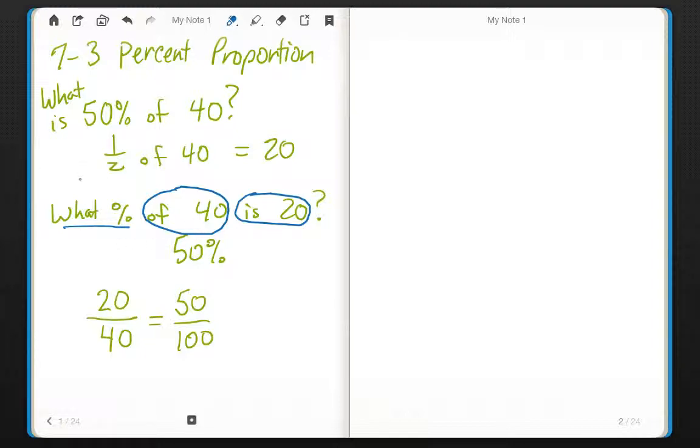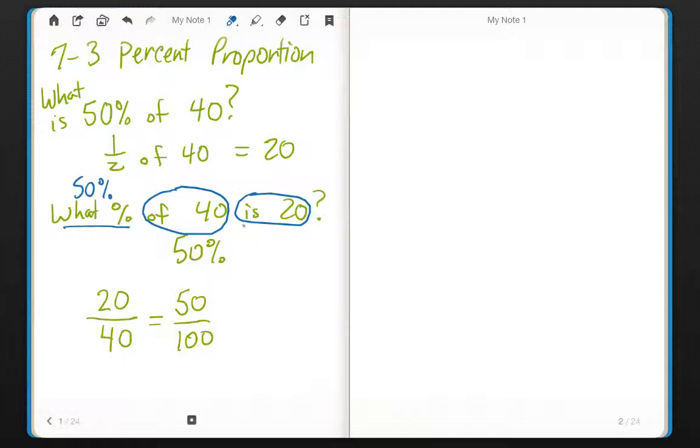So the percent was 50% of 40 is 20. So what's the whole, the big part? 40. And so then the 20 is the part of the whole, the portion of the whole.